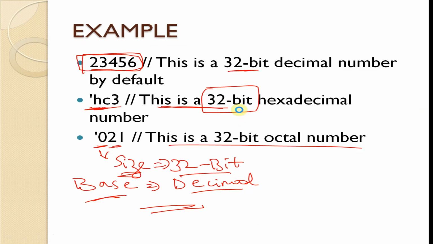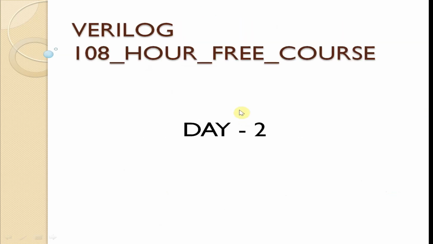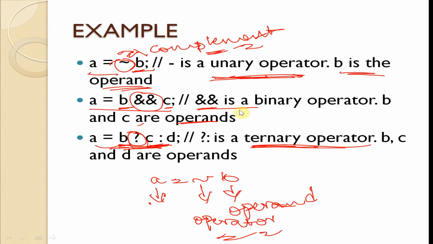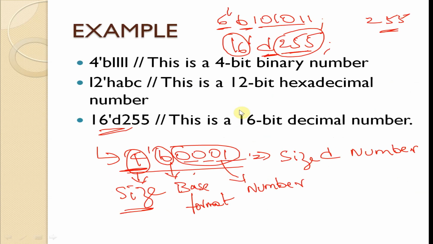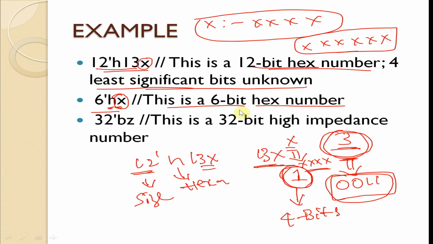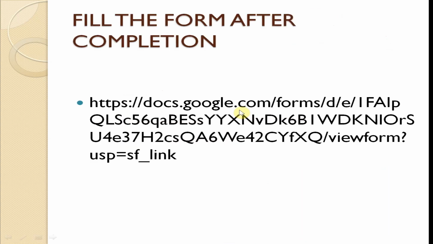So this is about today's session. We have discussed basic concepts like comments, operators, and number specifications, sized numbers, unsized numbers, x or z values, and we have negative numbers, underscores, strings.